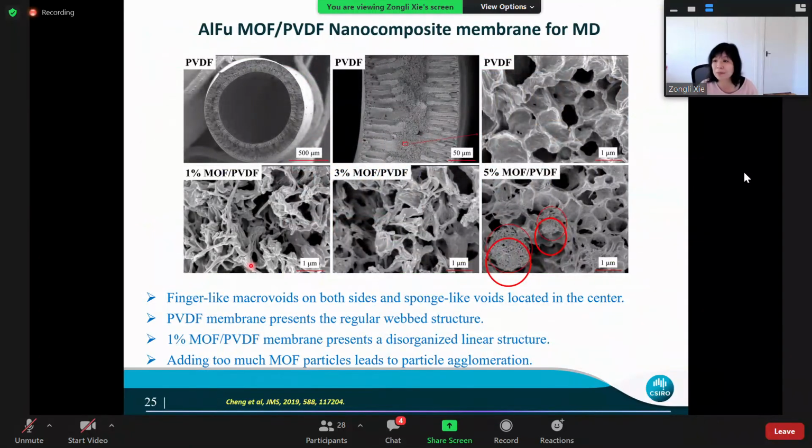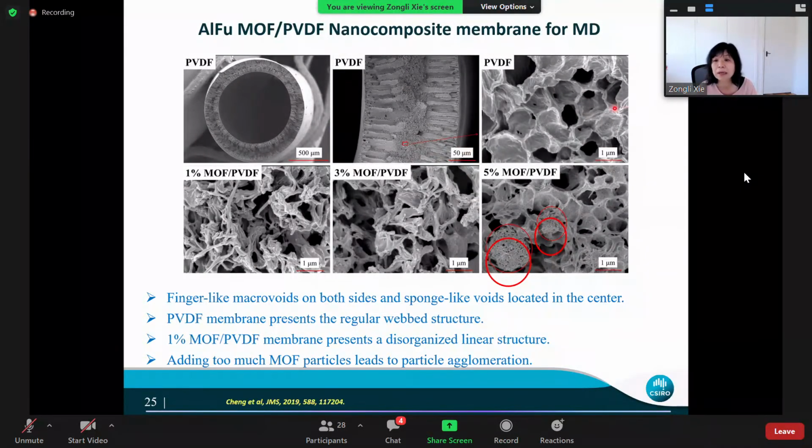This is just showing some morphology of the aluminum fumarate morph PVDF hollow fiber membrane we made. The PVDF shows the typical structure: we have the skin layer, the finger pores and the macrovoids, and in the middle we have some sponge-like voids.